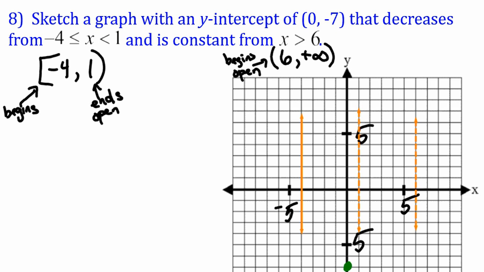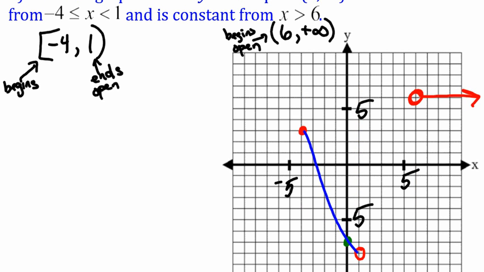So if we compare our graphs, let's see how they're similar to each other. Now think about what we said. Something has to have a definite beginning at -4, which I have. I have a point here, right? Filled in, definite beginning. We said it had to decrease and go through (0, -7), so I have it doing just that. And ending here at 1, but not being included. Then, again, we said starting here at 6, but not included.